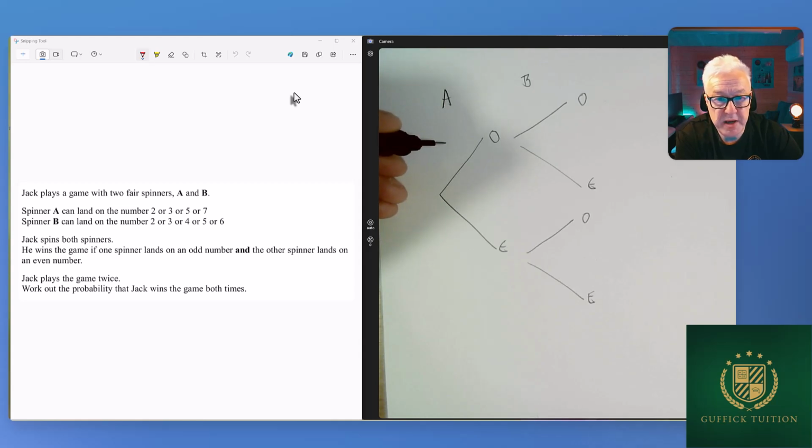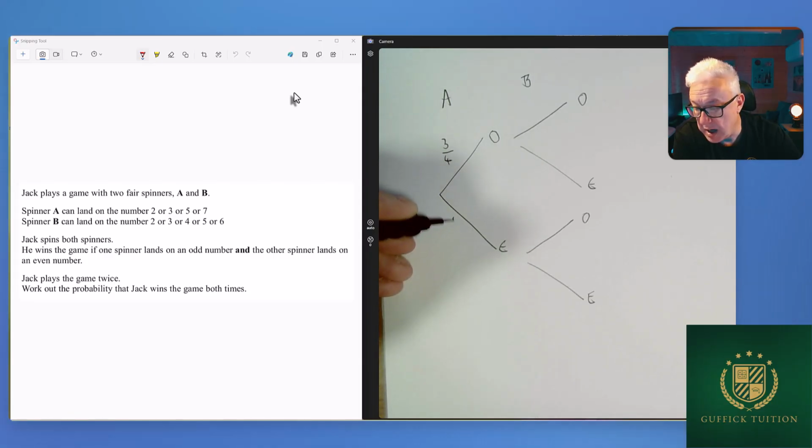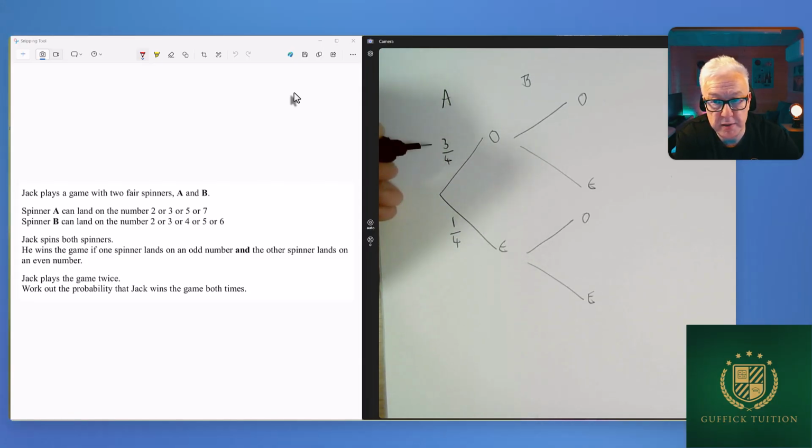So let's have a look at spinner A. Now what the probability of odd is we've got 3, 5 and 7. So that's going to be 3/4 for odd and 1/4 for even. Spinner B, what's the probability of odd? We have got only 2 odd numbers there.